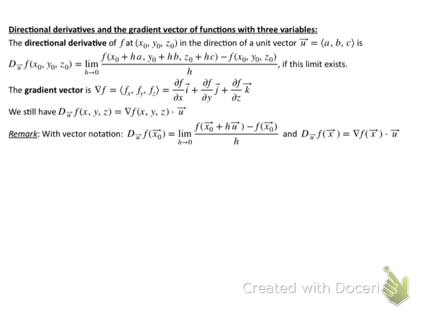So now f is a function of three variables, x, y, z, and same thing, we pick a point x0, y0, z0, and then you look at that particular point, you pick a unit vector, which is a direction, ABC, and then the directional derivative of our function is how the value of our function f is changing along the direction ABC.